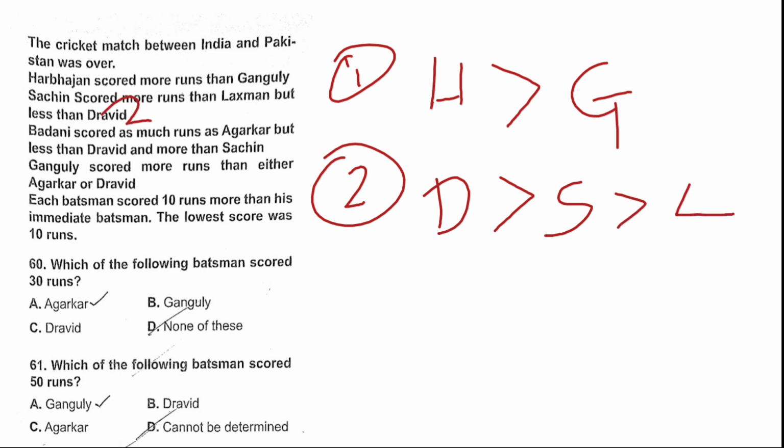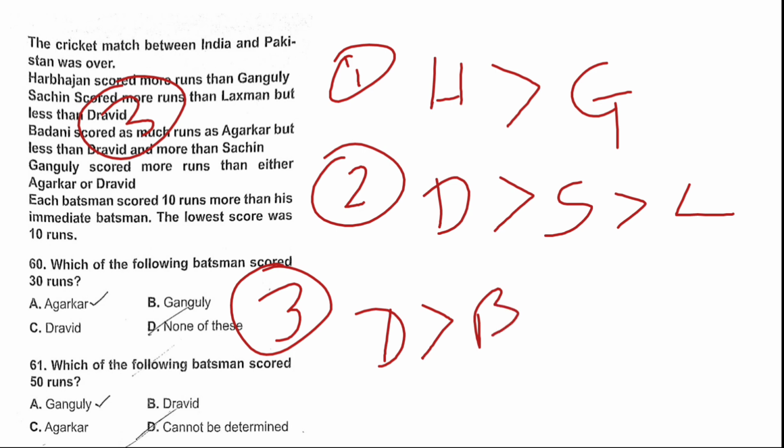Third one says Badani scored as much as Agarkar but less than Dravid. So Dravid is greater than Badani and Agarkar, they scored similar, more than Sachin, more than Lakshman. This is the relation we have developed so far.